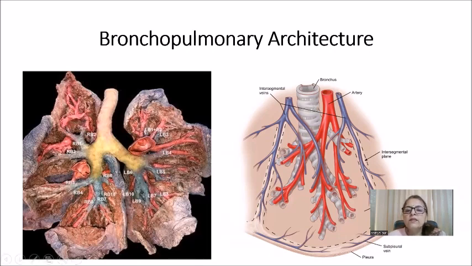In the segments where the bronchus and the arteries are easily approachable, these two are considered the guiding structures for the resection of the segment.